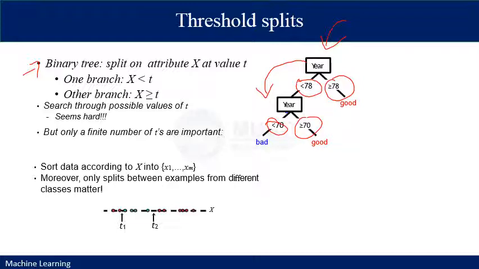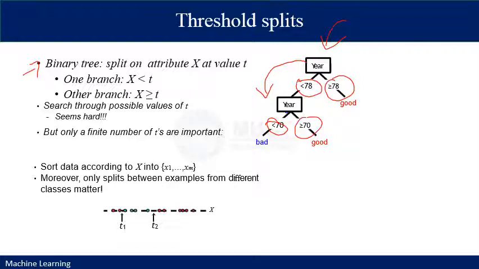You can search through possible values of t, and however this also seems hard, but only a finite number of t's are important, so you can use this threshold split to mitigate the real valued problem.